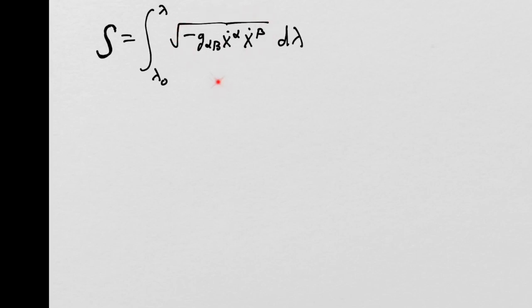So we're looking for functions x of lambda, or all four functions x mu of lambda, such that when you stick those functions in here, you get an extreme value of this integral S, which is obviously the path length through space-time.